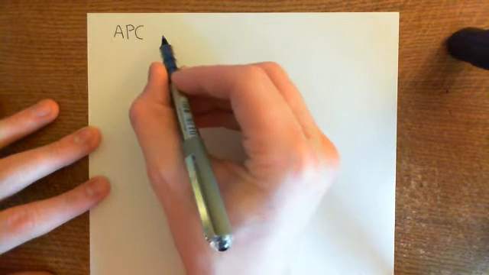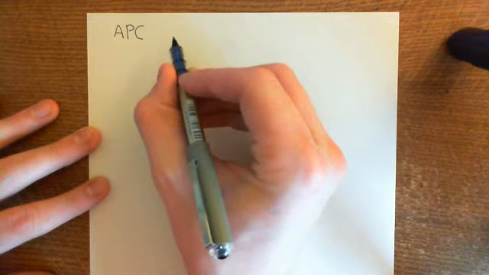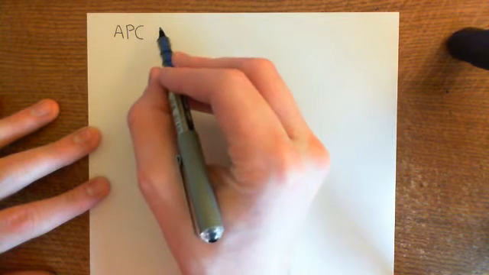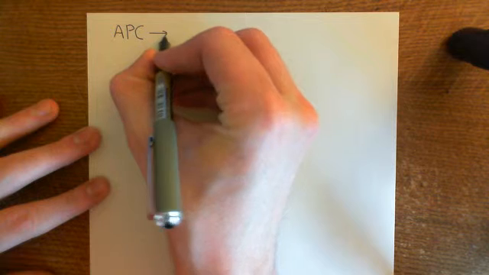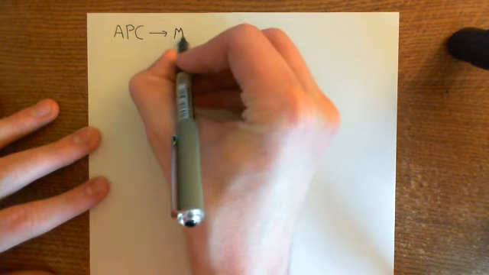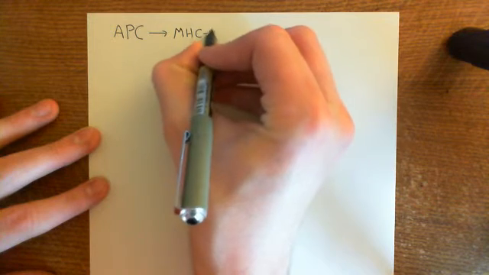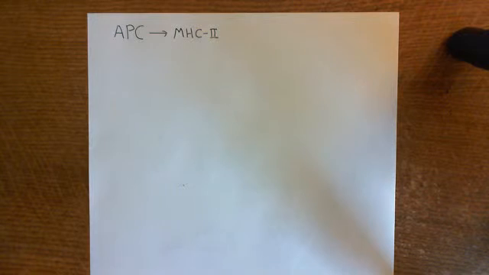However, some of the antigens of that pathogen may well end up being broken down by the antigen-presenting cell, and then some of them will be presented on its surface in MHC class 2. So antigen fragments will be put on the surface of the antigen-presenting cell in MHC class 2. So it's MHC class 2 again, and that's what's important and why it's similar to the humoral immune response.